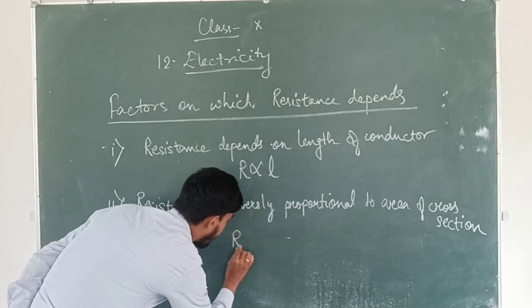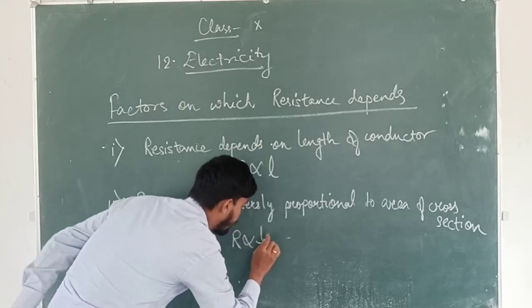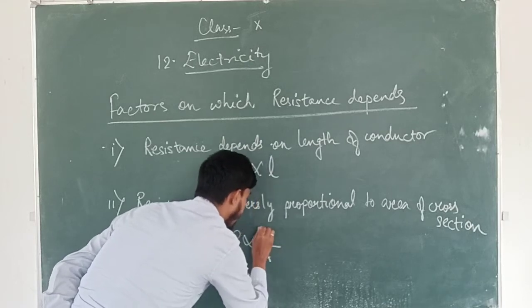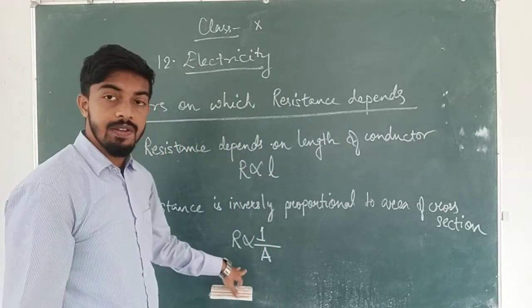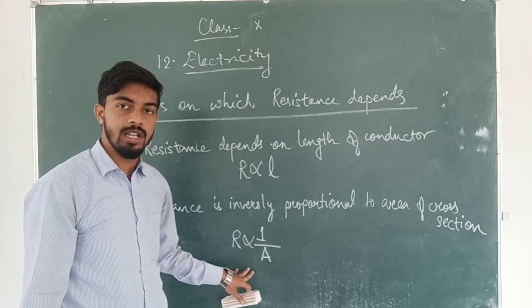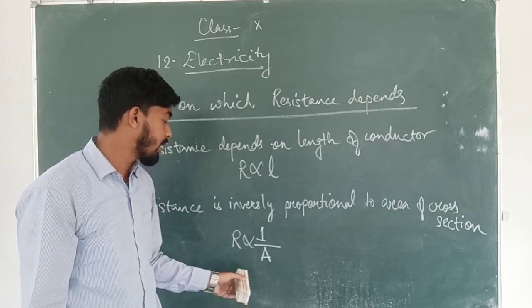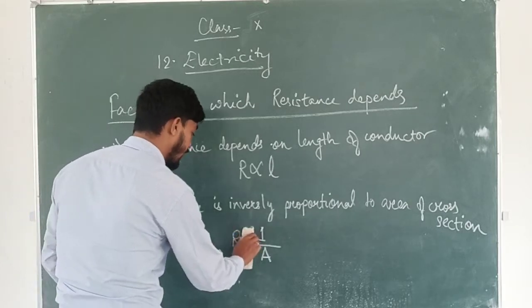So R is inversely proportional to area. That means if the thickness of the conductor increases, then the resistance will decrease. If the thickness of the conductor is less, then the resistance will increase.